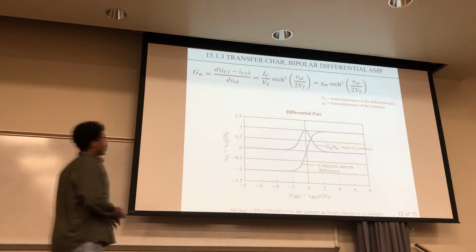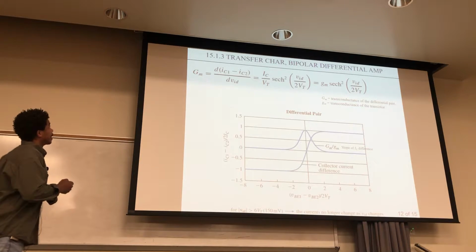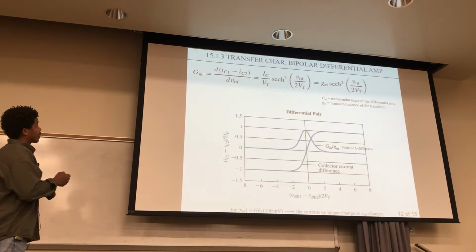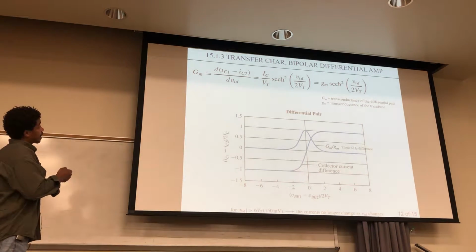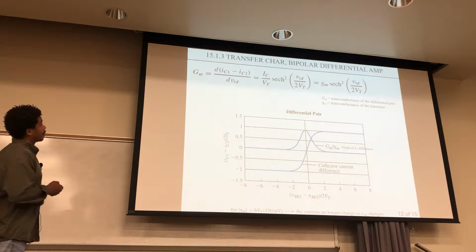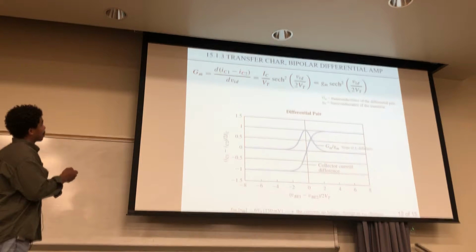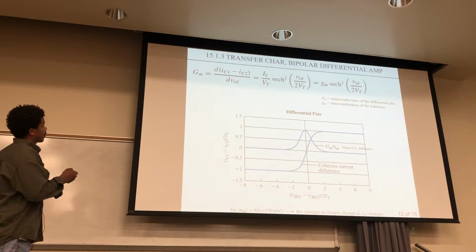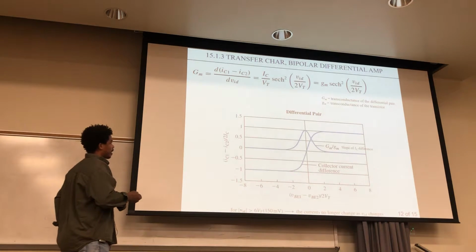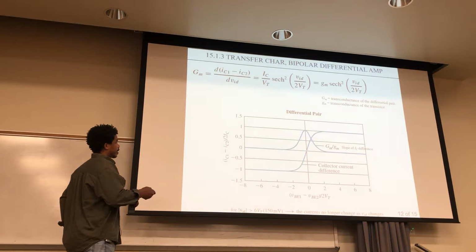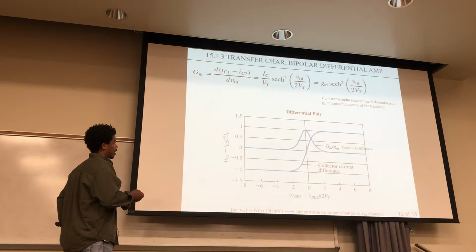So this transfer characteristic, this transconductance of the differential pair, is the derivative of this with respect to VID. So the derivative of these currents with respect to VID. This right here is the difference between those collector currents. That's what this plot is.